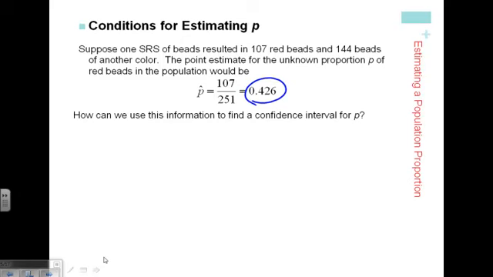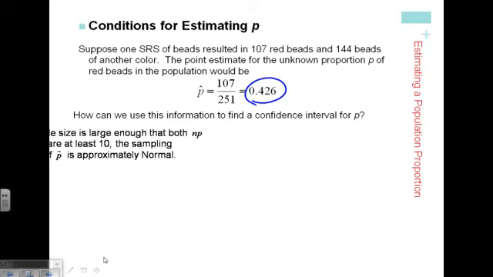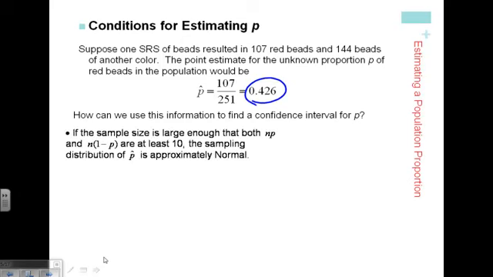I would like to use a formula here. I would like to use the formula that we talked about in the previous lecture, which is, and I'll write it out one more time, that the confidence interval is equal to p hat plus or minus some critical value multiplied by the standard deviation.